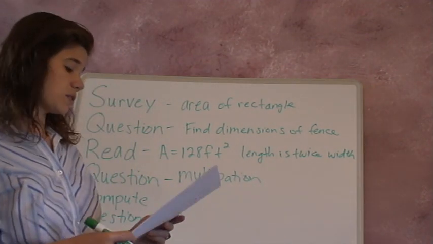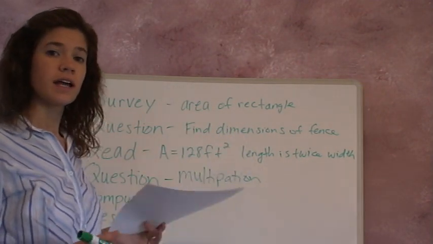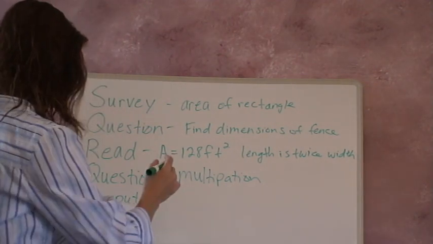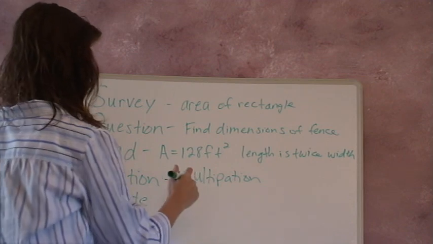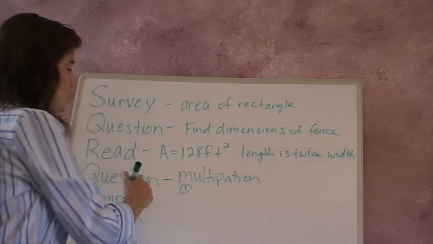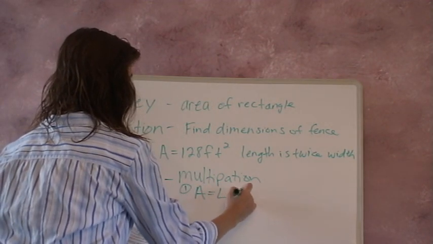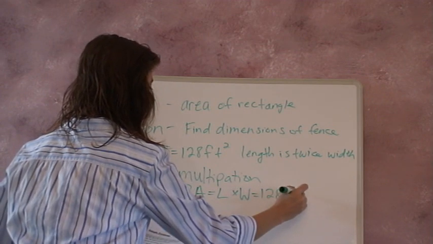And now we're finally going to compute the answer. So let's look at the information we're given and set up two equations so we can solve. The first equation: we know the area of the rectangle is 128 square feet. So area equals length times width, which equals 128 square feet.